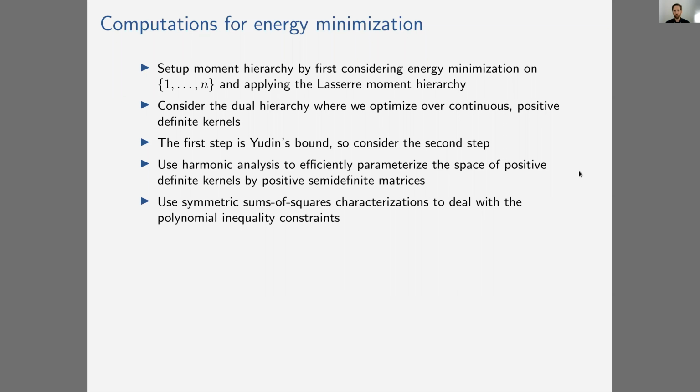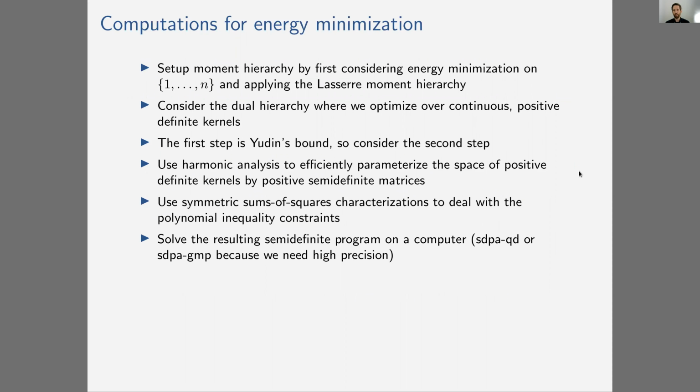So we use sums of squares characterizations to deal with these polynomial inequality constraints. Then we really have a semidefinite program, and you can write some code to generate the solver input of this semidefinite program.